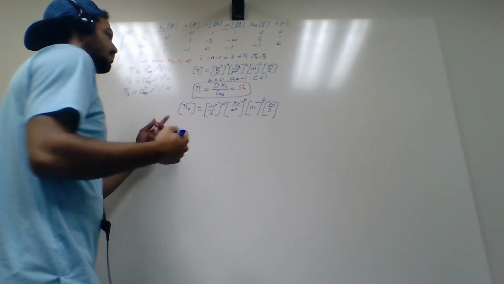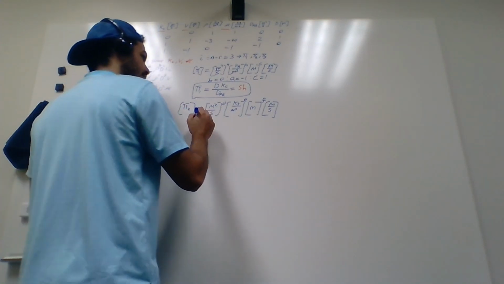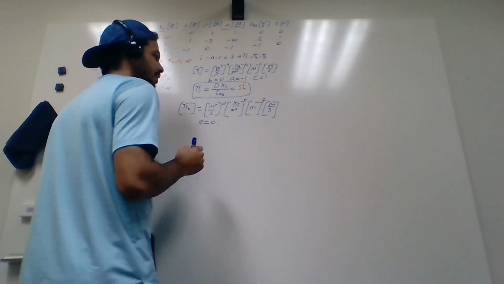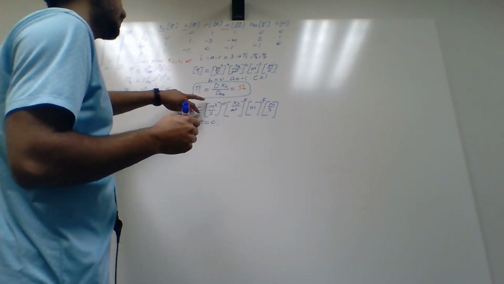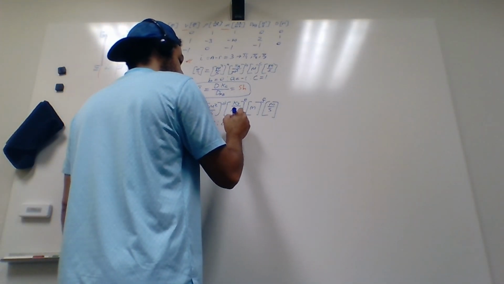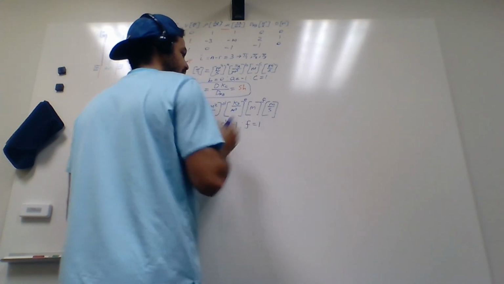Now, just like pi 1, pi 2 only has 1 kilogram in the units, so E must be equal to 0, and then the seconds must cancel out and the meters must cancel out, so D is going to be in the denominator, so D equals -1, and then F just equals 1.